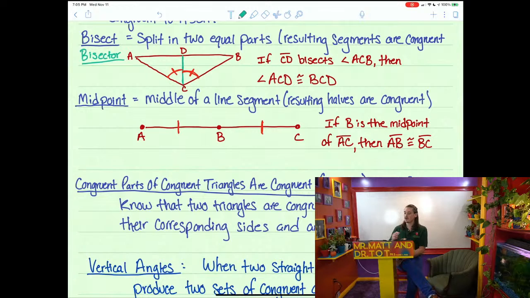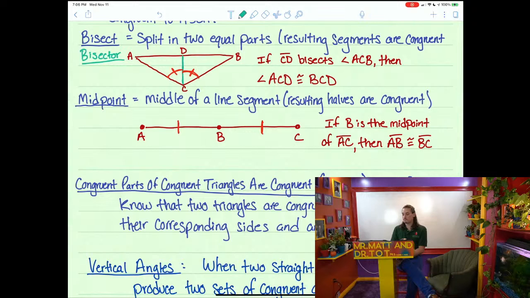So in this diagram here, this red triangle ABC, if we say that line segment CD bisects angle ACB, then we know that the resulting component angles of that split have to be congruent to each other. So angle ACD has to be congruent to angle BCD. And we could use that in our proofs to prove that these two triangles are congruent.